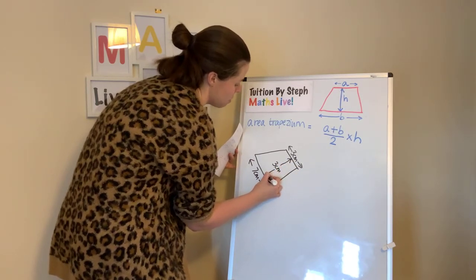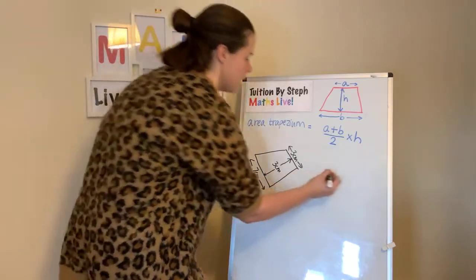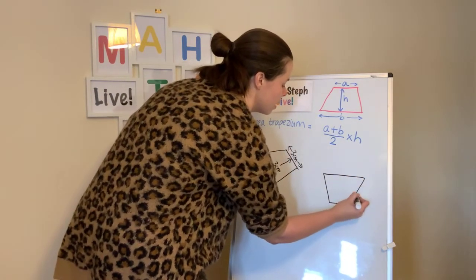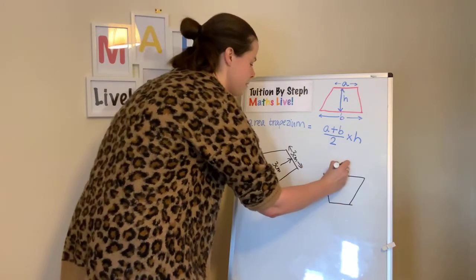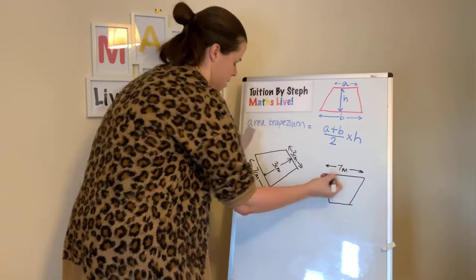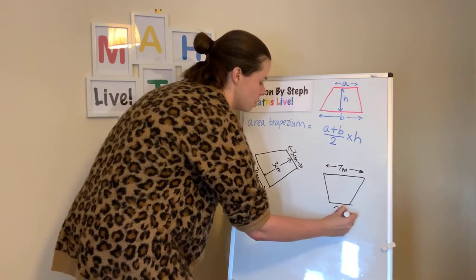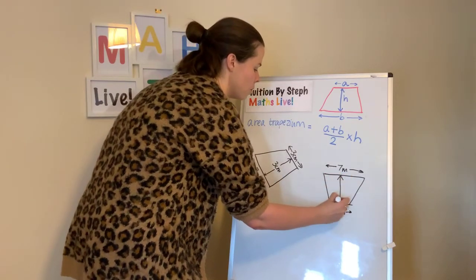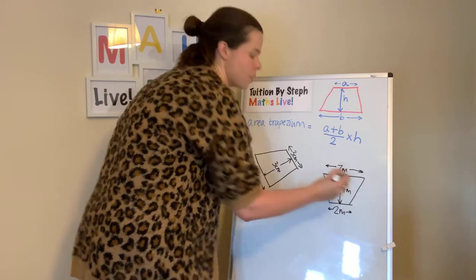And as you can see, it doesn't matter which way the trapezium is. I mean, this one is completely upside down. This is 7. Okay, this is 2. And this is 4. So have a go at those two.